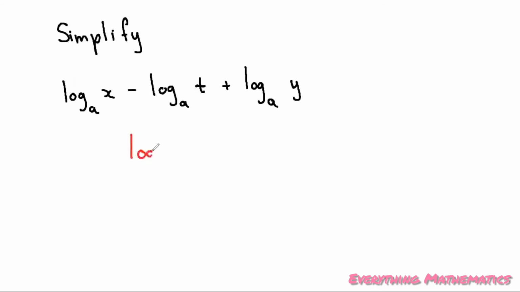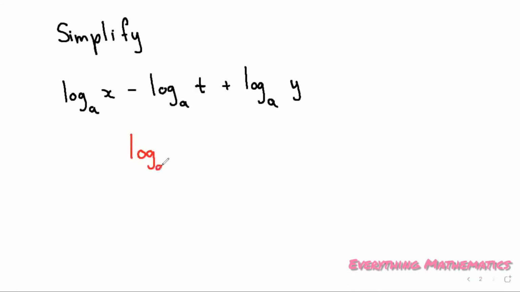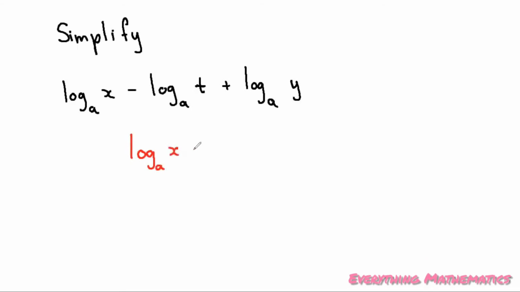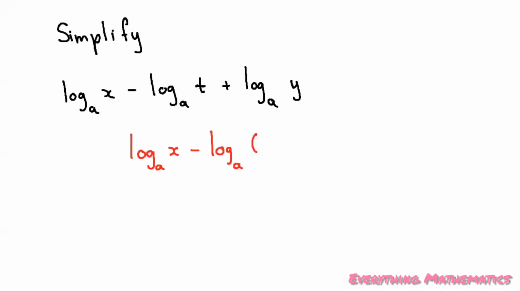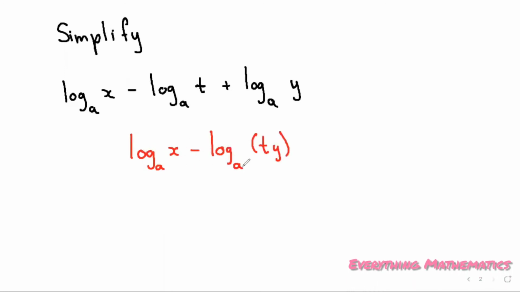Applying rule 1 here, because we are adding, we have log A of X minus log A of T, and then the Y goes with the T. So log A of X minus log A of Ty.